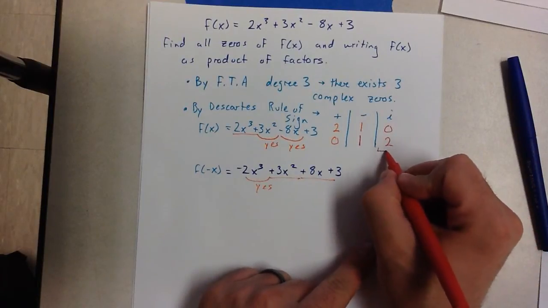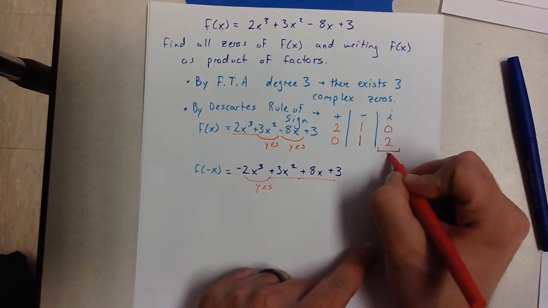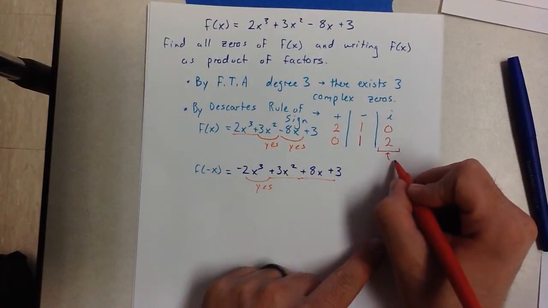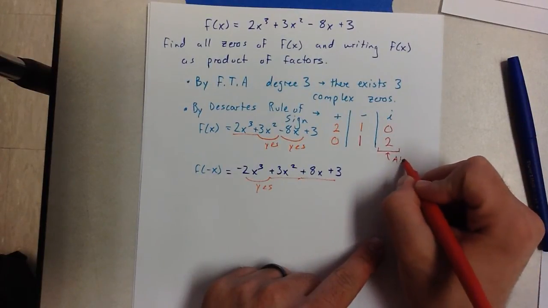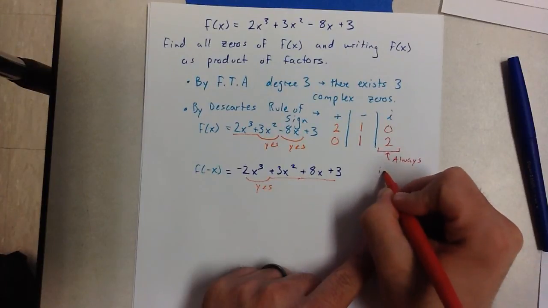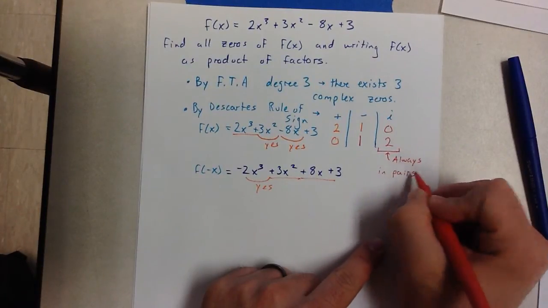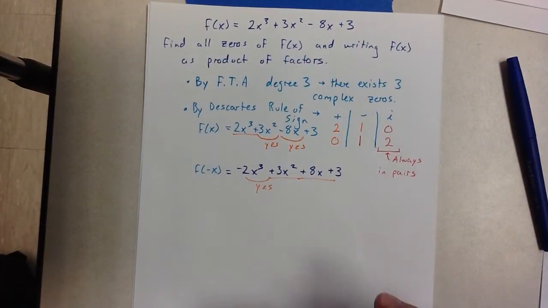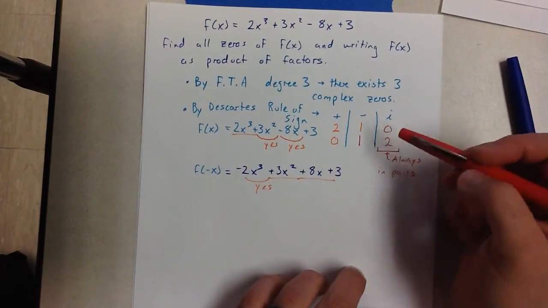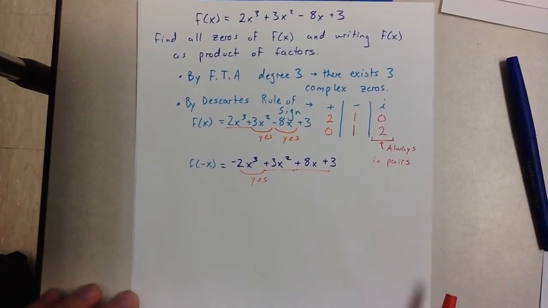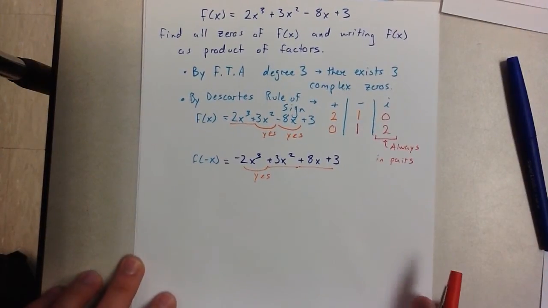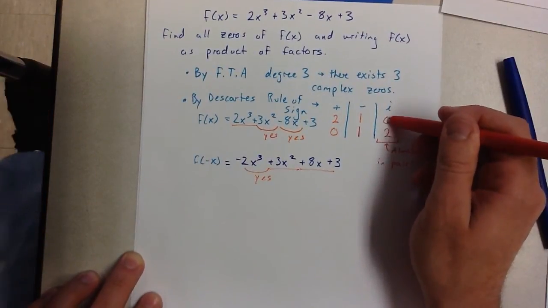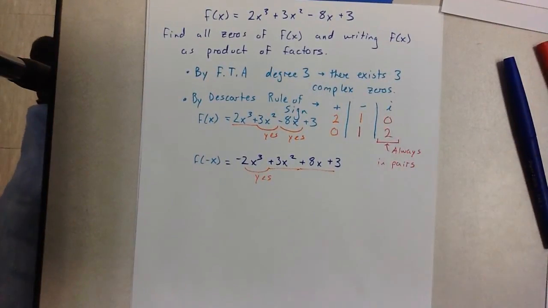If you saw in the previous video, or if you looked at the notes, our imaginary zeros will always come in pairs. Meaning we're always going to have 0, 2, 4, and so on. Why exactly does that happen? We'll examine more in the next couple of lessons. But for now, just know we should always be increasing by 2 for our imaginary roots.